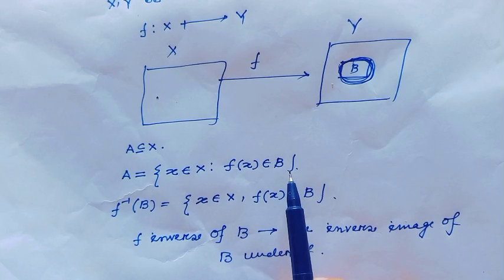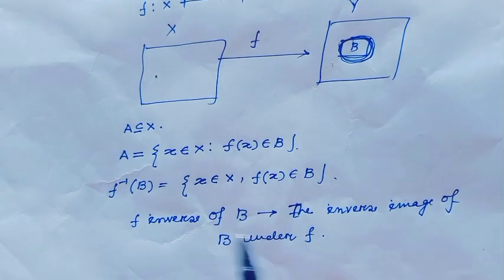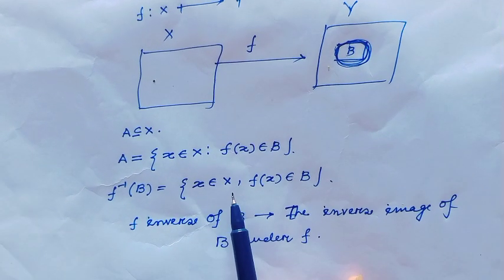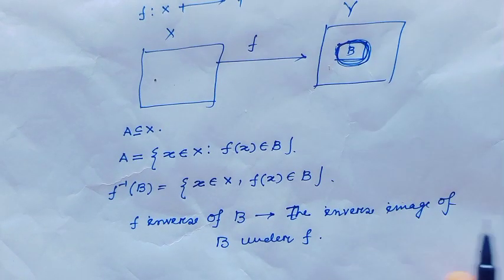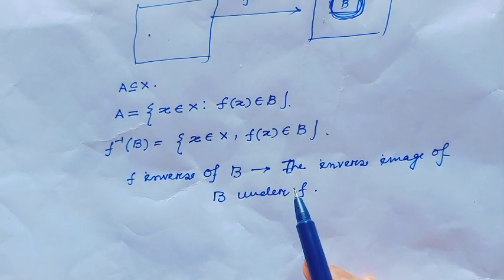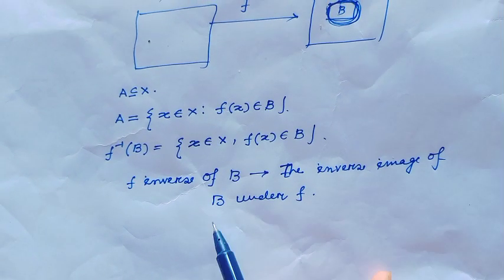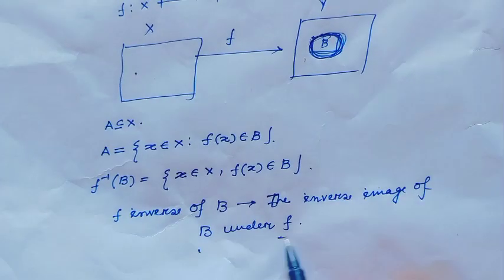Consider the map F which maps from X to Y, and consider the set B in the codomain Y and A a subset of X such that A equals the set of x belonging to X such that the image f(x) belongs to B. Then what is F inverse B? F inverse B is the set of those x belonging to X such that f(x) belongs to B. That means F inverse of B is the inverse image of this B under the function f.